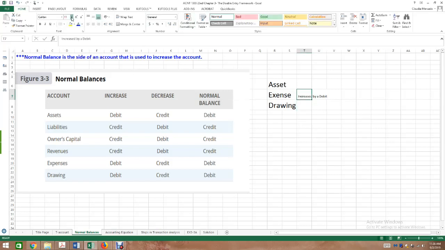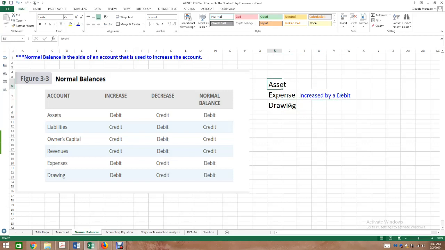This is how I like to group them. If you have an asset, an expense, or a drawing, you always know that in order for you to increase it, you have to debit the account.